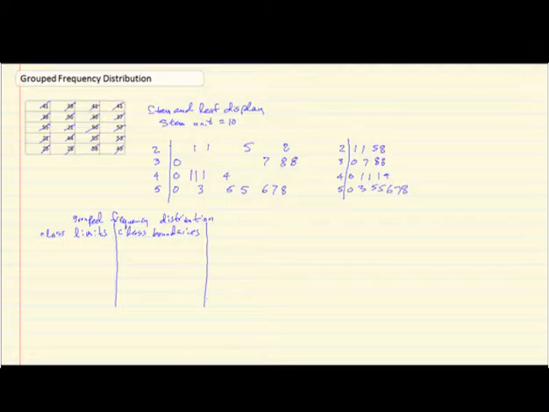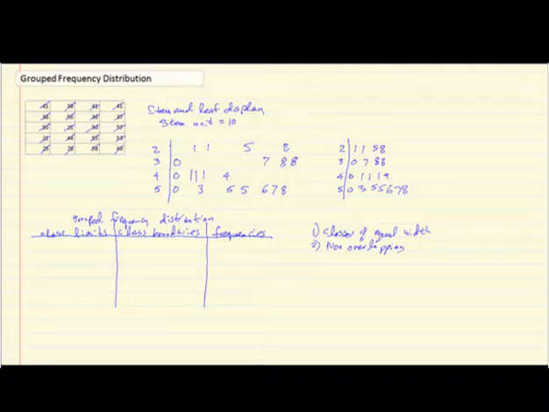And then we will look within each of these classes and find the frequencies for each class. We will construct this so that some particular criteria are met. One is that the classes should be of equal width. Another is that the classes should be non-overlapping.